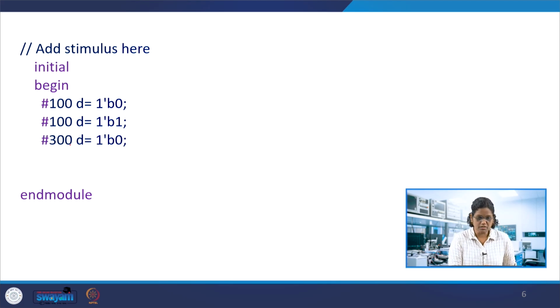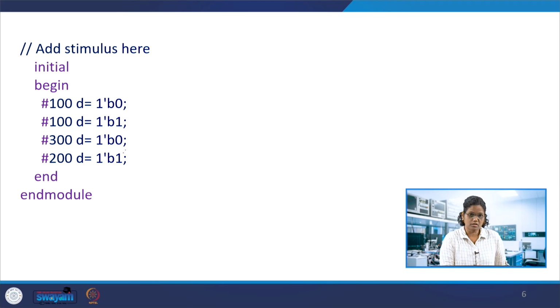Again after 300 time units make d 0, and after 200 time units, d equals 1. So this is after 100, after 100, after 300, after 200, and so on, end. Now how is this stimulus going to be transferred to the output of the flip-flop?